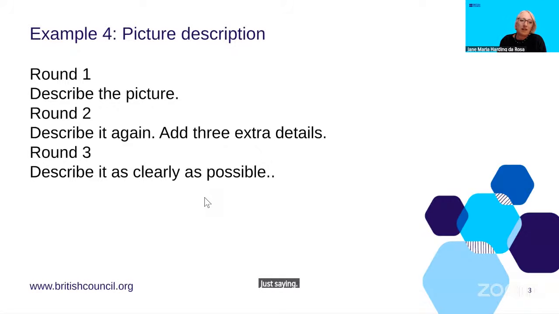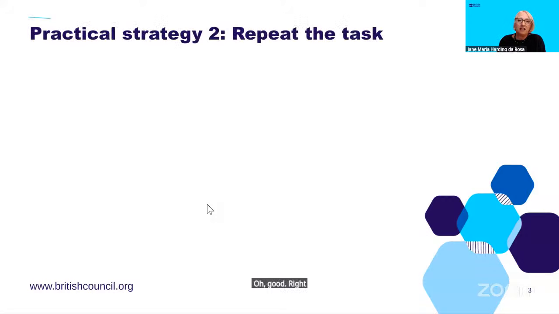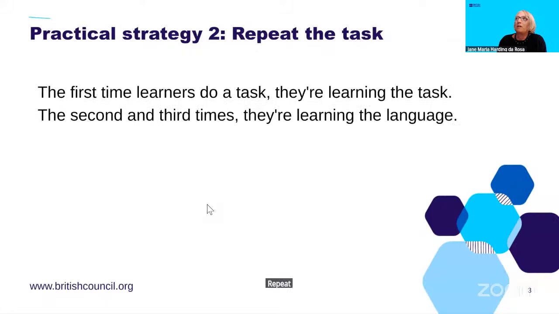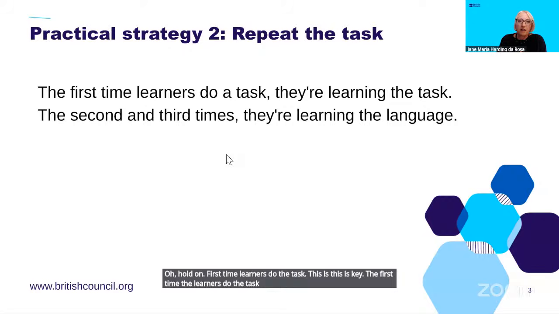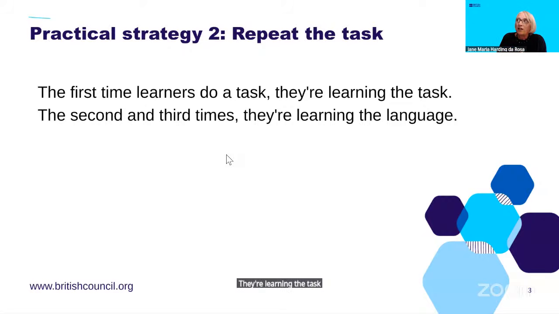And the picture descriptions are good. Right, so that is repeat the task. First time learners do the task. This is key. The first time the learners do the task, they're learning the task. The second and third times, they are learning the language. And they're using the language.